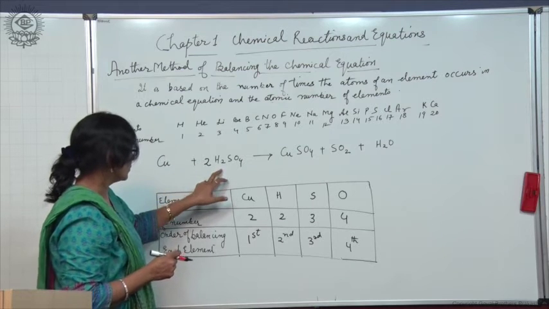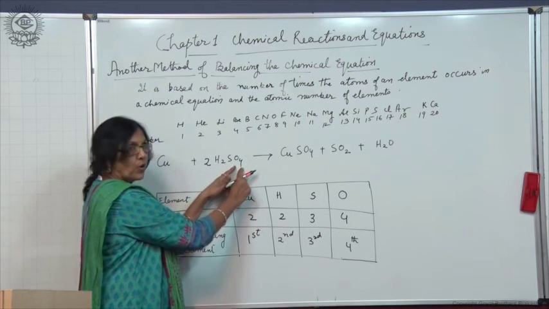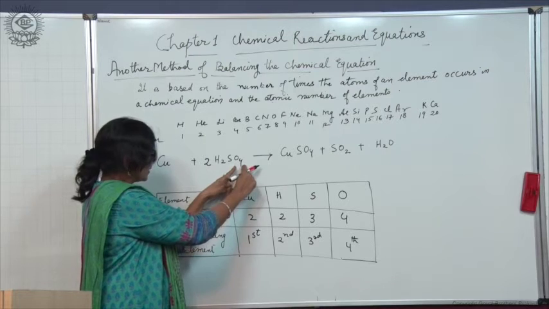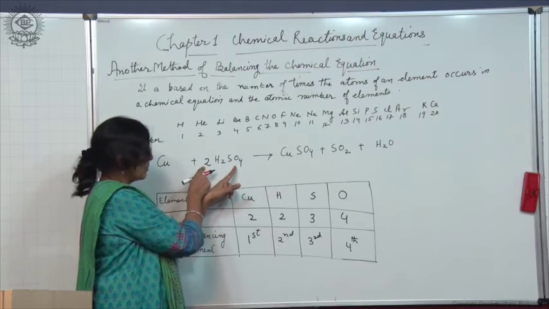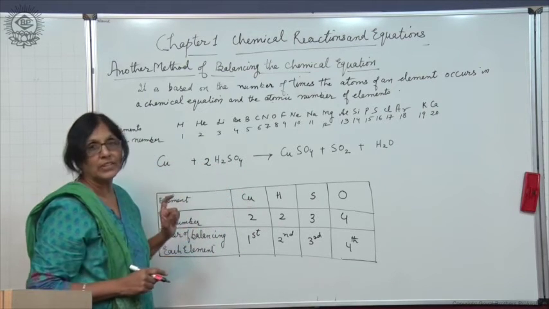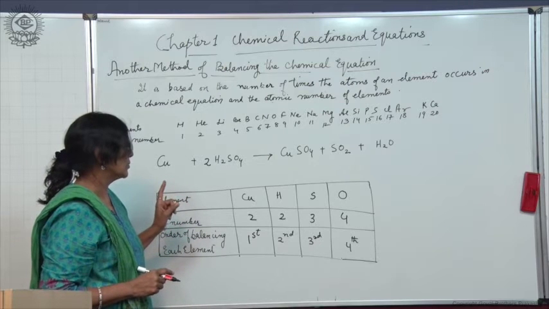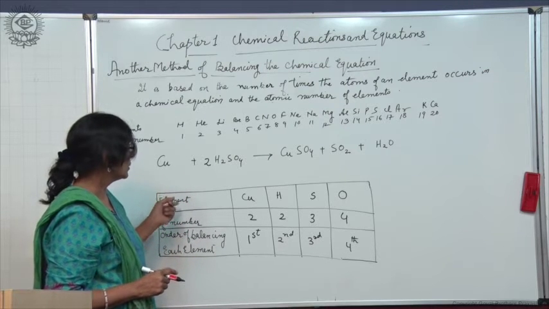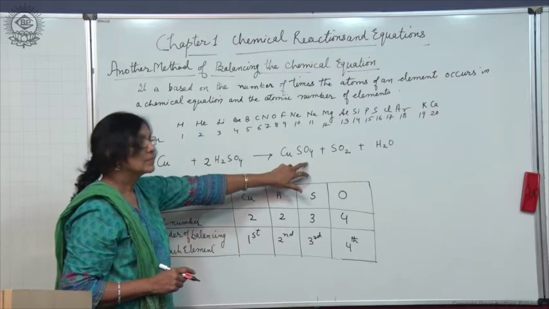On this side now, already it is O4, already there are 4 oxygen atoms, multiplied by 2 it will become 8. So, on left hand side there are 8 oxygen atoms, and let us see how many on the right hand side.